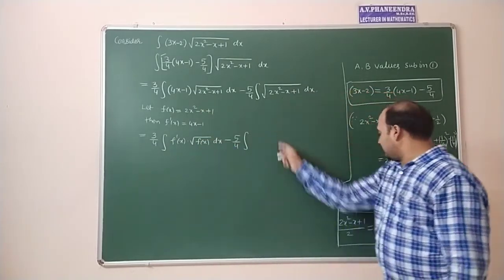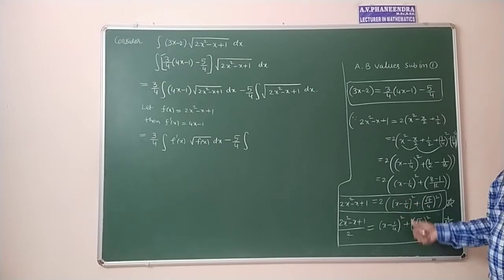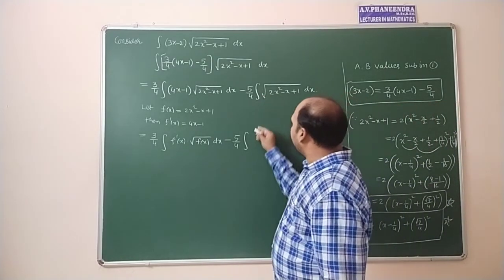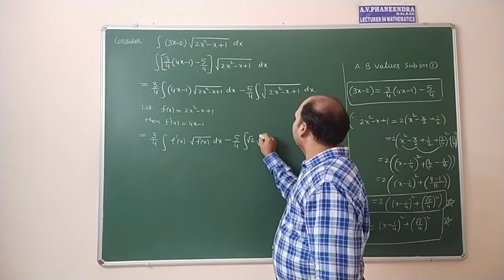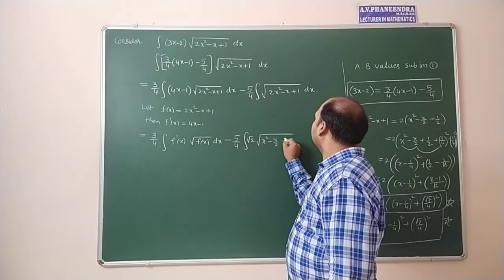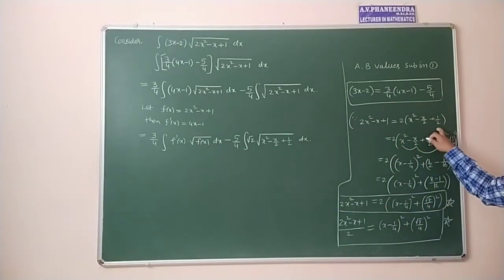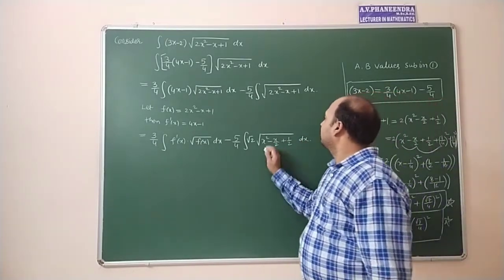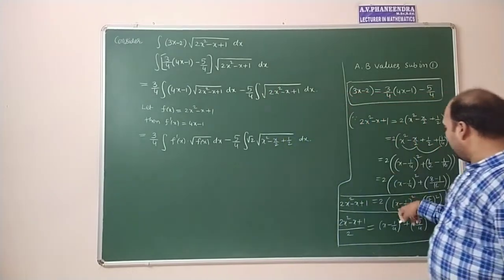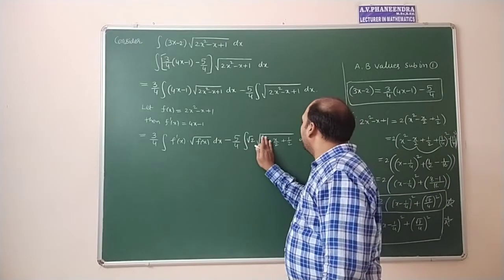Now, in place of this, you have to replace 2 into x minus 1 by 4 whole square. So first 2 we can take outside as root 2: integral square root of x square minus x by 2 plus 1 by 2 into dx. That only we have now. In place of this, directly we write it as 2 times this one, so root 2 we can take outside.